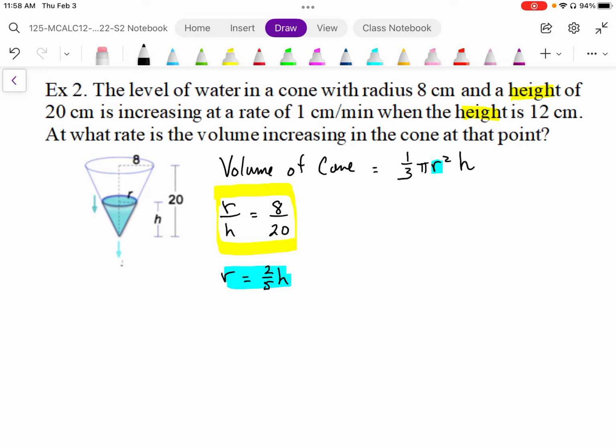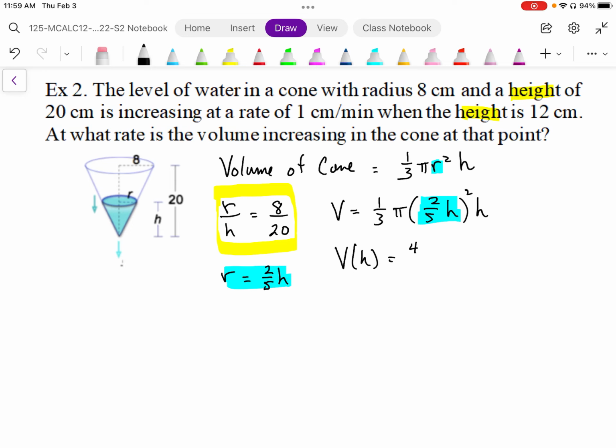So for now, we're going to simplify things, and we're just going to make this into volume is equal to 1/3 pi, and instead of r squared, we're going to replace that with (2/5 h) squared. And so this now becomes a function of h, and we end up simplifying this.